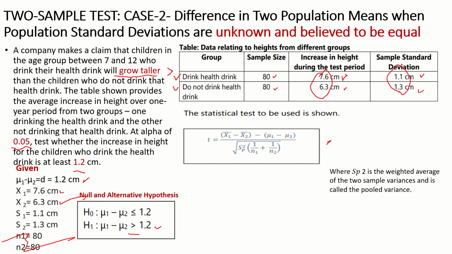Sp square means pooled variance. This sp square is called the weighted average variance of the two samples. In this case we have to find this.